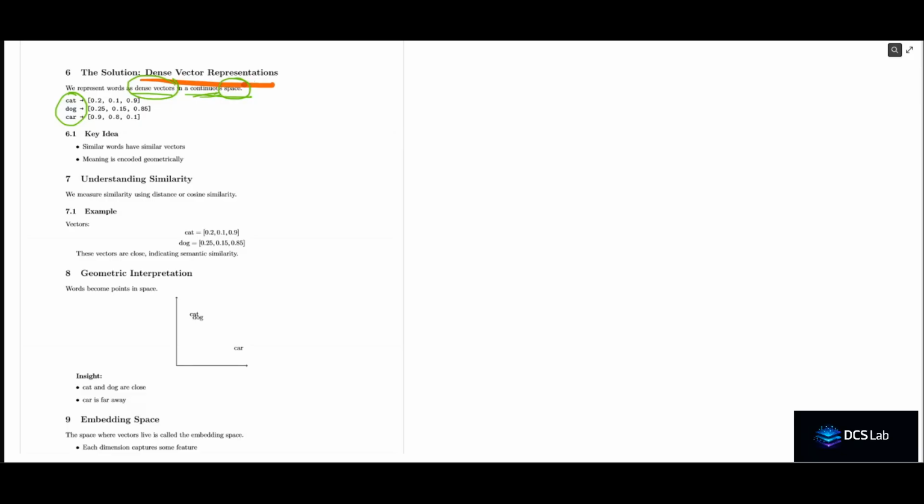What exactly are those? In this video, I'll just give you a top-level overview of how these vectors are actually calculated. Note that the vector representations of these tokens are not randomly assigned. They are calculated using some set of procedures.